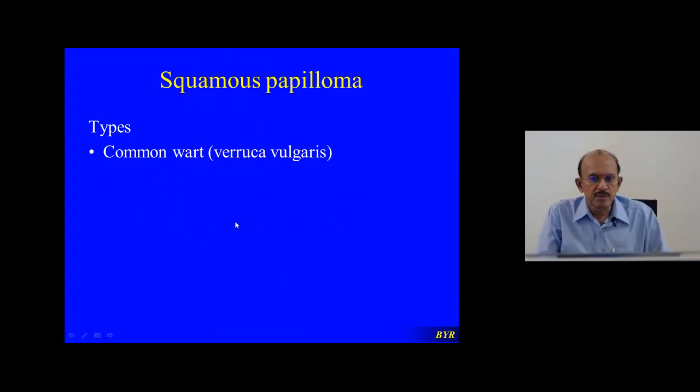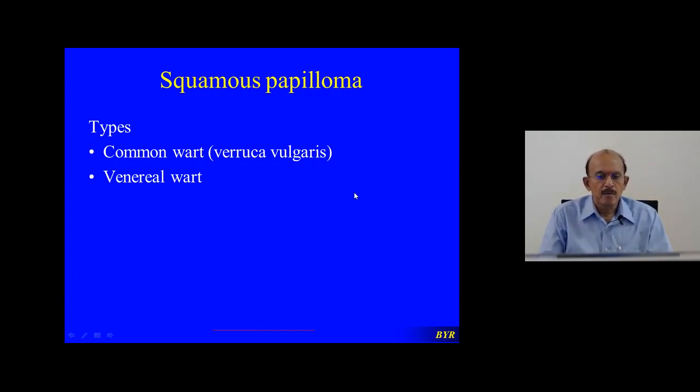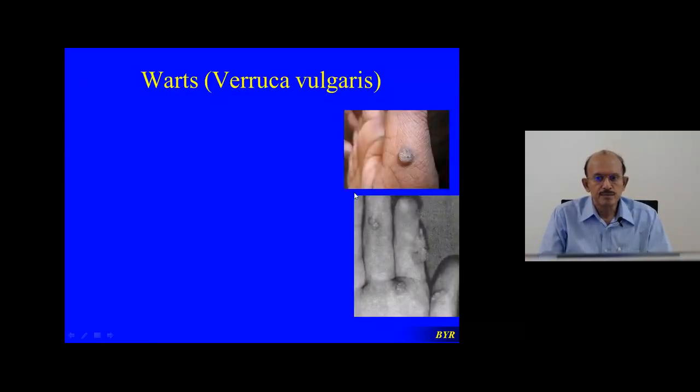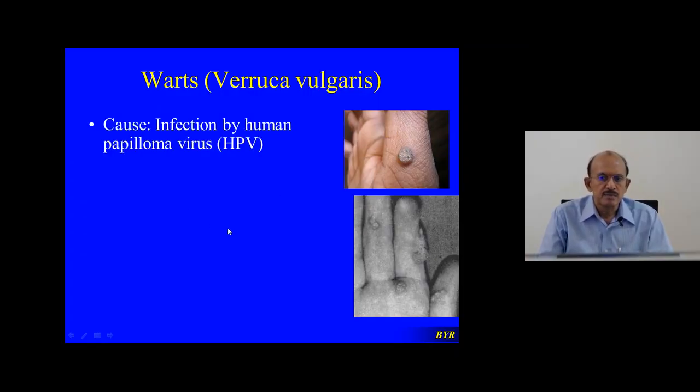Squamous papilloma types: common wart, also described as verruca vulgaris, then venereal wart. So common warts are seen anywhere on the body. They are seen as hemispherical or spherical masses on the skin with a keratinized papillary surface. Cause: infection by human papilloma virus, that is HPV.